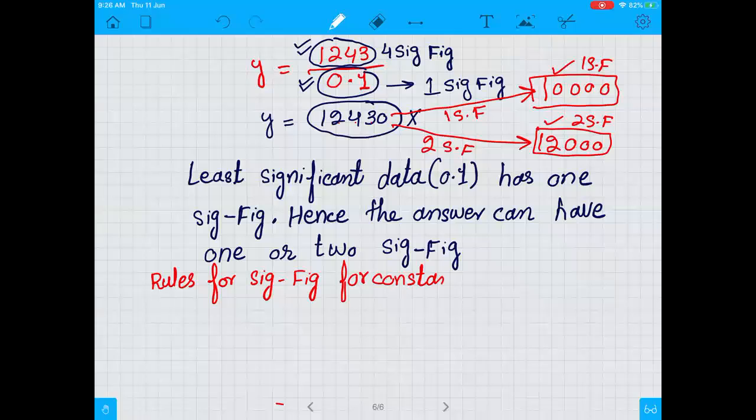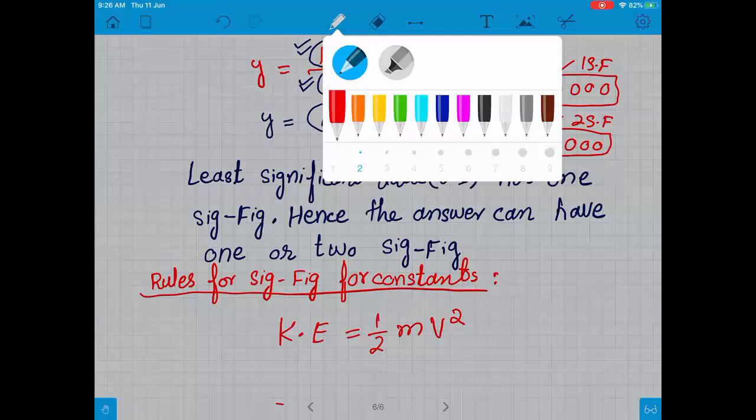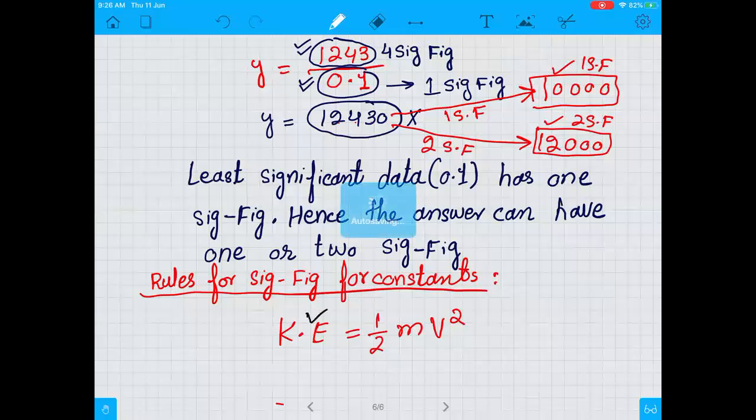Basically, what is meant by this topic is that sometimes you have formulae in which you have some constants. Like if you write a formula KE is equal to 1 over 2 mv square, then you see in this formula KE is a data value, m is a data value, v is a data value, 1 over 2 is a constant. 1 over 2 is a constant.